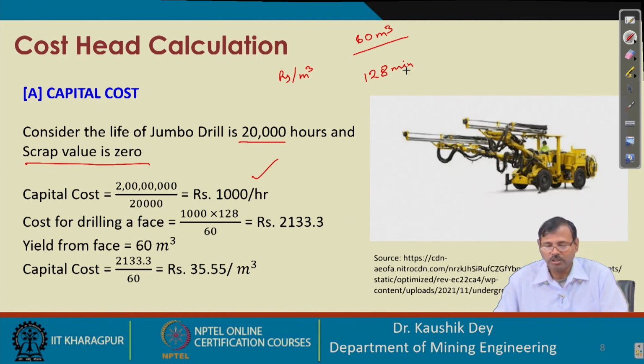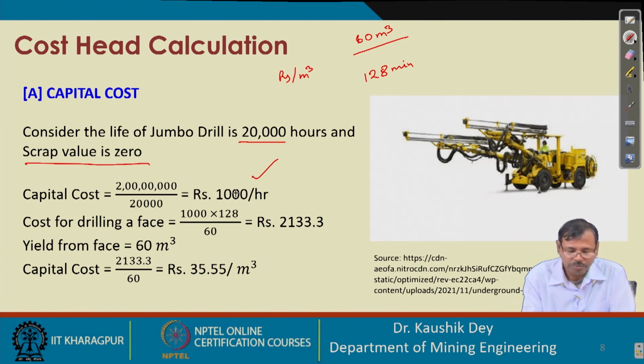We have already calculated this in the previous slide, considering one drilling hole is equivalent to 3 blast holes. So, this yield of 60 meter cube we obtained from the engagement of 128 minute of the machine.